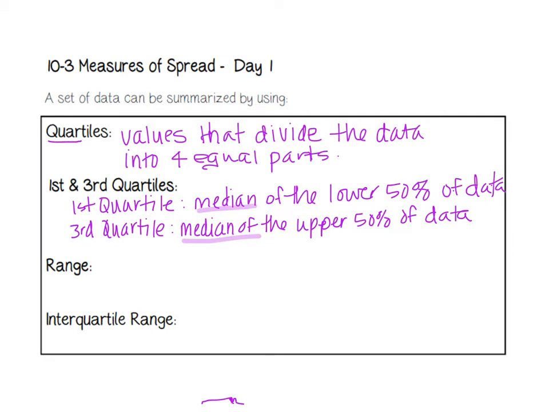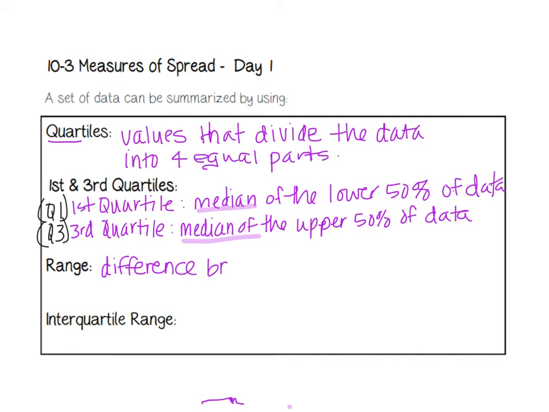And so we're talking about the middle of the lower half, and the middle of the upper half. You will also see these written as Q1 and Q3. Those are the shorthand versions, just like we've learned. We can write shorthand, we don't speak shorthand. Q1 means the first quartile, Q3 means the third quartile.